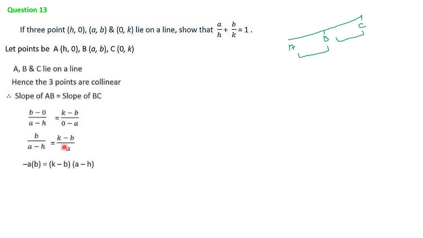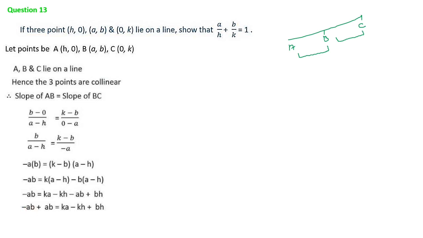Then cross multiply: minus a into b, that is minus ab, equals k minus b into a minus h. We need to bring it into this format, so we need to do a little more work. So minus ab is equal to, just to remove the bracket, k into a minus h minus b into a minus h. Minus ab is equal to k into a is ka, k into h is kh, minus b into a is minus ab, minus into minus plus, b into h is bh.